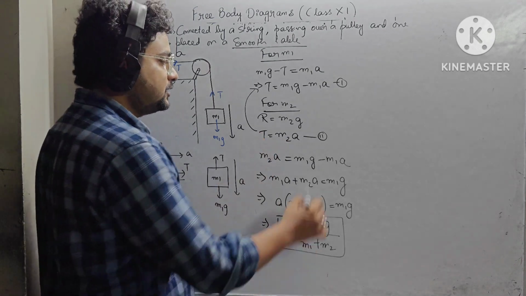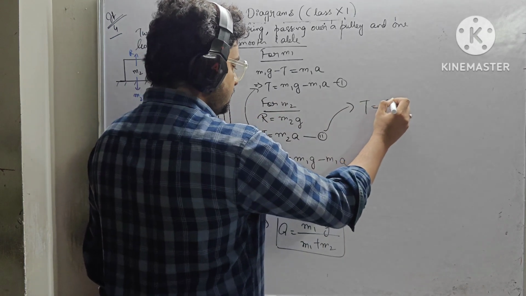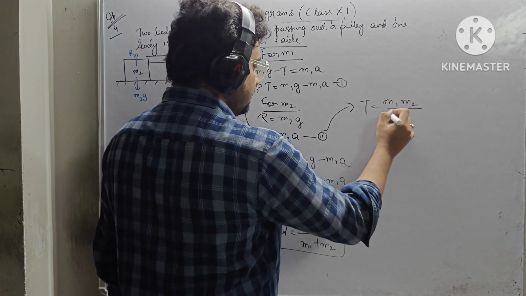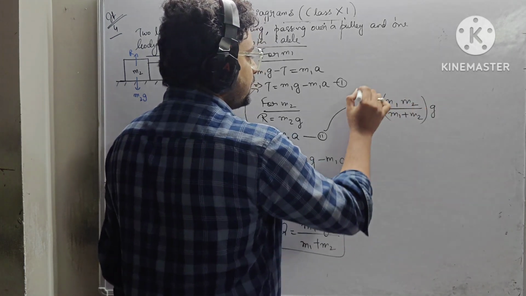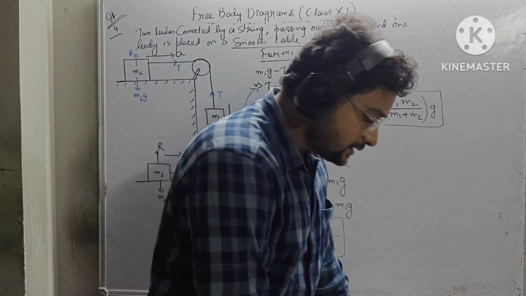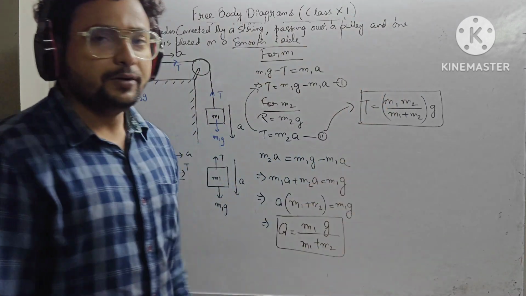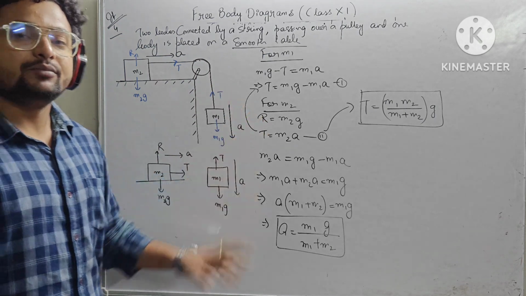If I want to find out tension, we can easily find from here. So tension will be equal to M1 divided by (M1 plus M2), into G. This will be your tension. Okay, so this will be the acceleration and this is going to be the tension. So this is how we can solve this type of problem.